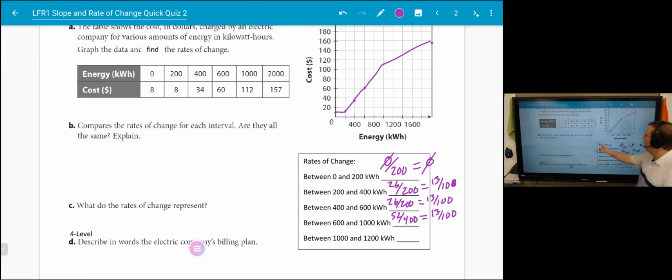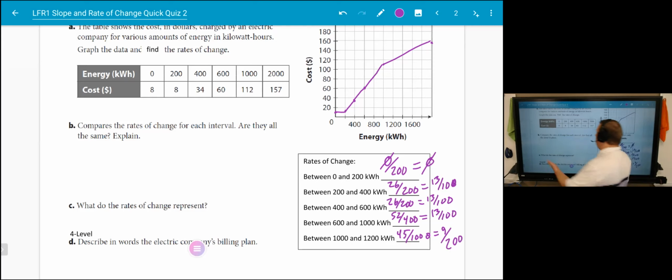Our last one is 1,000, a change of 1,000 in x gives us a change of 45 in y, so 45 over 1,000. If we simplify that, we can divide everything by 5. The top would be 9. Divide the bottom by 5, I get 200. So there we go. We've got the rates of change.